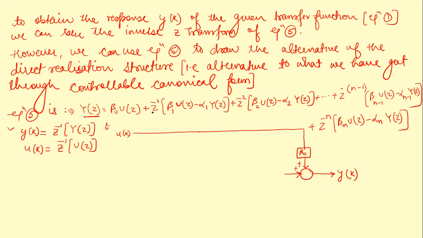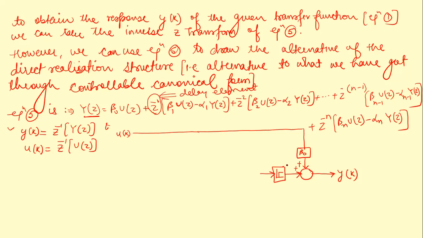So here we have a delay. Now this z inverse is a delay element, right? So we will add one delay here. So one delay has been added. So this is z inverse basically, and it will have certain input here.